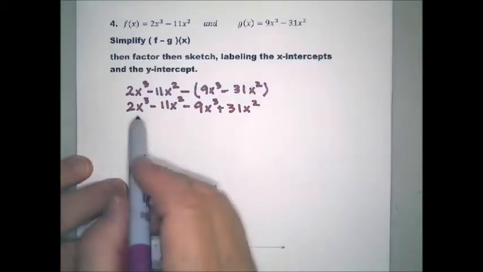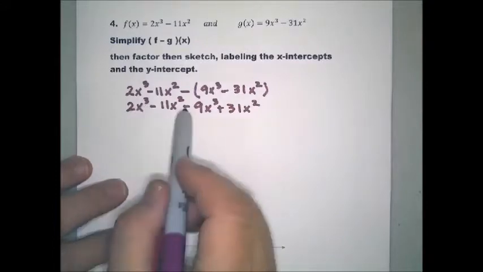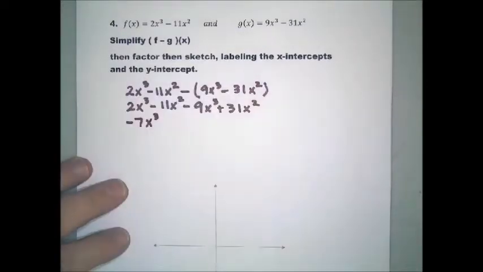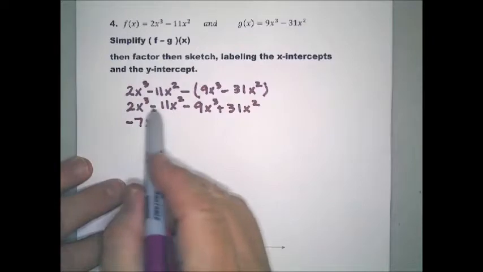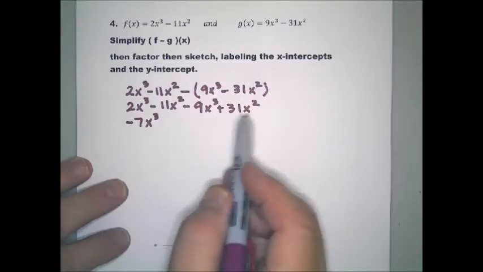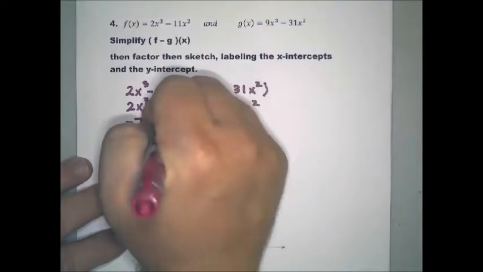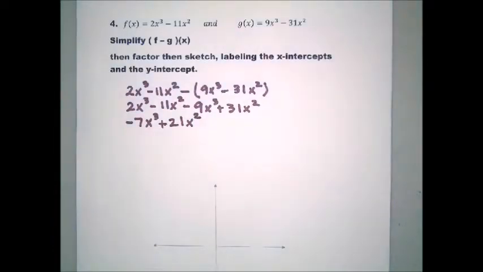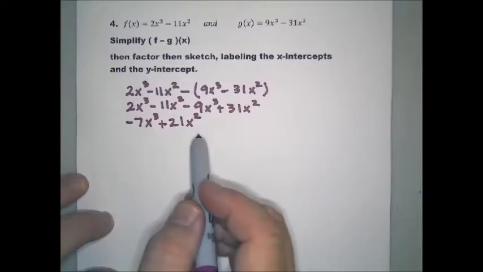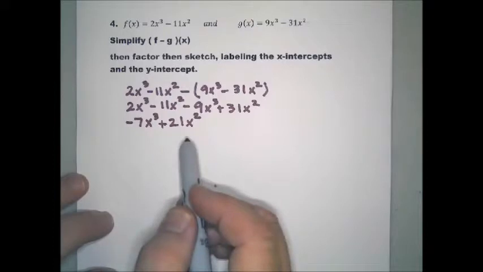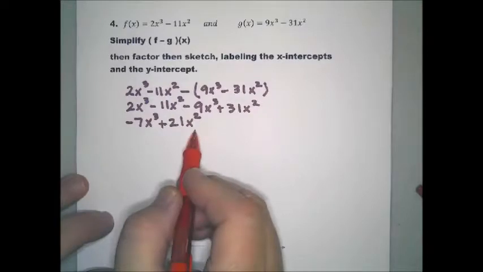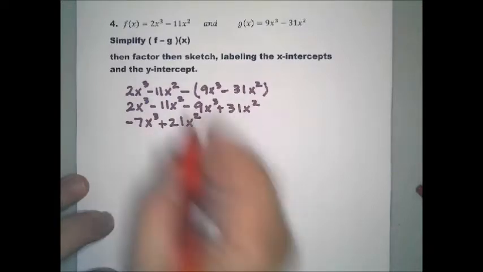Now I can combine like terms. 2x cubed minus 9x cubed is negative 7x cubed. And then if I start off with a negative 11x squared and add a 31x squared, that makes plus 21x squared. So that's what f of x minus g of x is in its simplified form. Now, the next thing is, if we can factor it, which we can, let's go ahead and factor it. So the two terms share negative 7 and they share x squared.